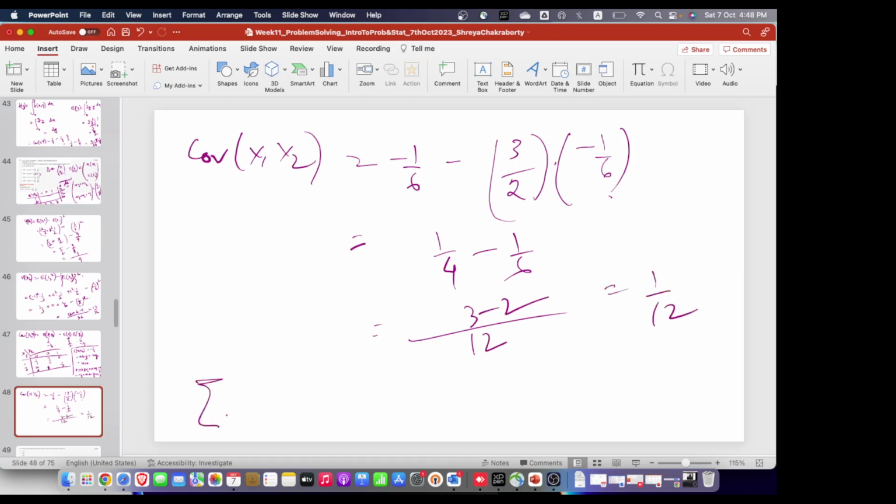So the variance covariance matrix, sigma, is 1/4. Variances, we have to note, are always the diagonal elements and they are always positive. So variance is 17 by 36 and off diagonal elements are 1 by 12. Alright, so then this is the answer.